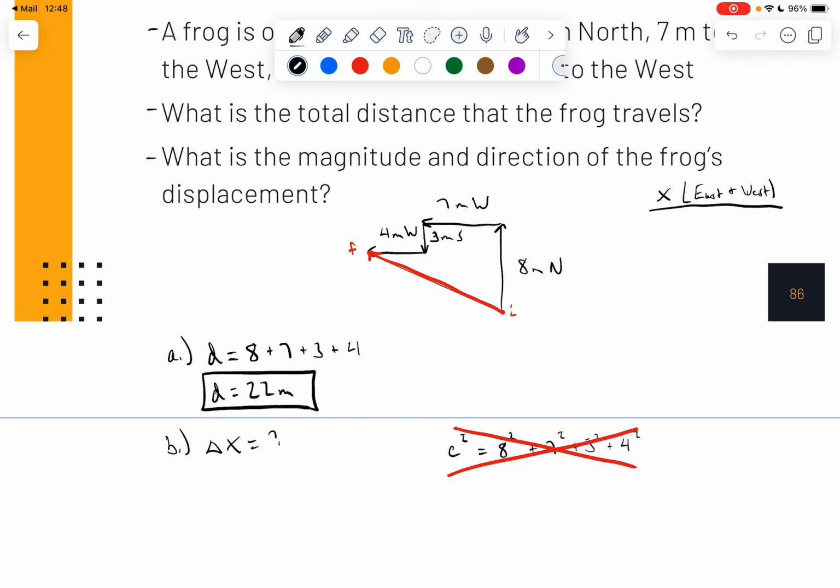And one thing we can do with this is combine our east and west directions. Let's make west our positive direction.